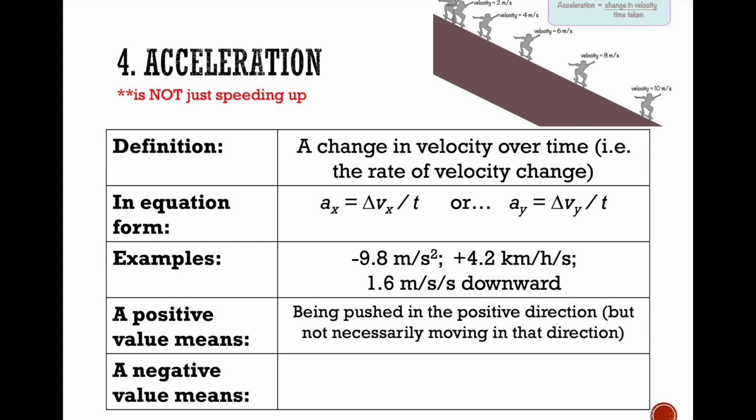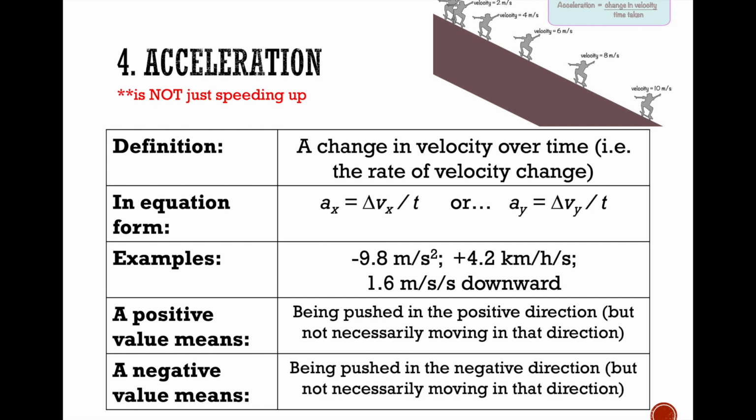But it doesn't mean that you're necessarily moving in that direction, just that your net force is in that direction. And then conversely, if you have a negative acceleration, it means that you're being pushed in the negative direction. In other words, that you have a net force in the negative direction, but you don't necessarily have to be moving in that direction presently in order to be accelerating in that direction. Okay, and I'm going to clarify that in a moment.